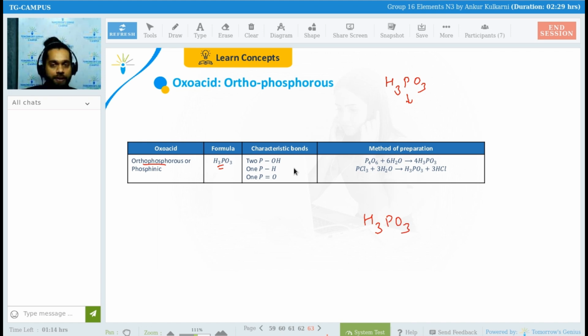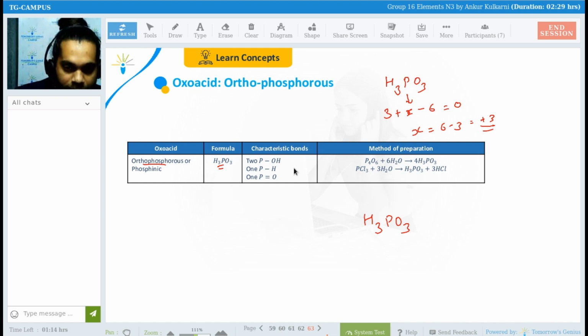Is it -3 or is it +3? It is +3. I'll take it as X. This is 3 plus X plus 3 into -2, which is -6. The 6 goes to that side, it becomes +6 -3, so +3. Correct? It is +3.